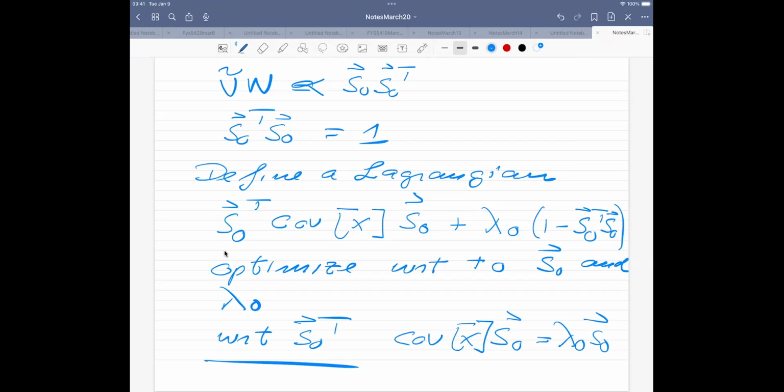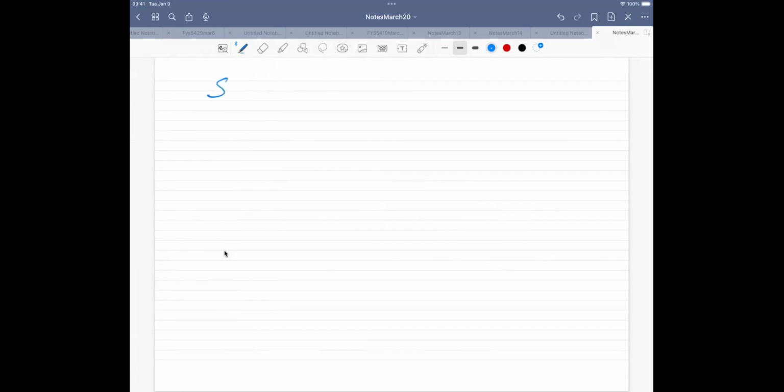Then I multiply this equation from the left with S transpose. What I get is that S transpose times the covariance of X, the covariance matrix, times S0 is simply equal to lambda 0.